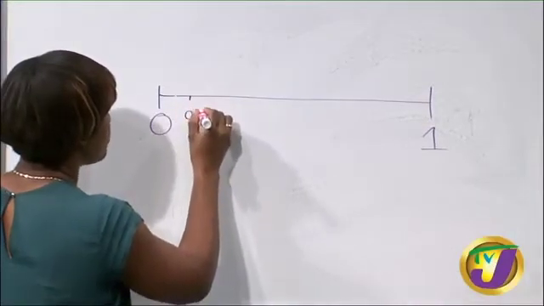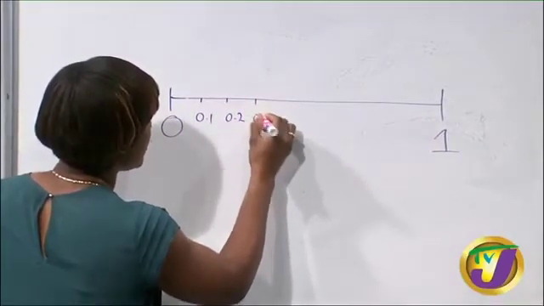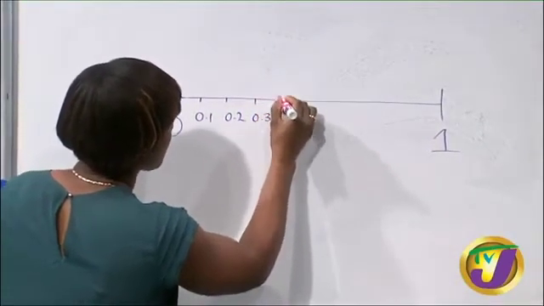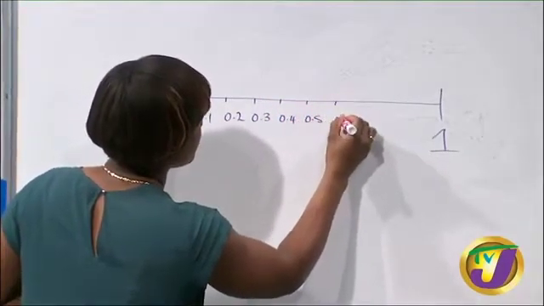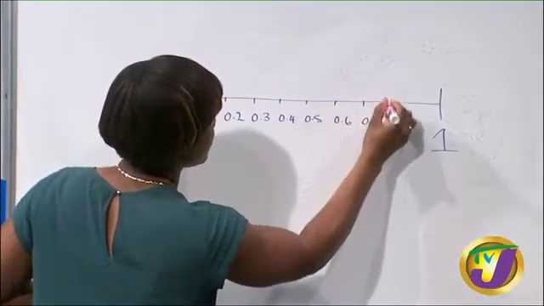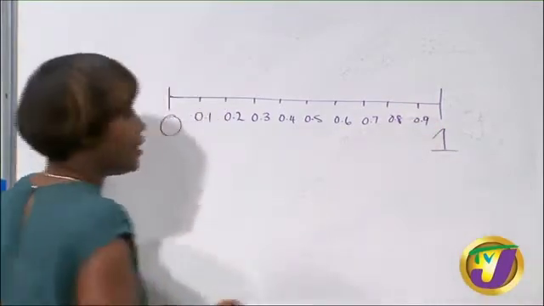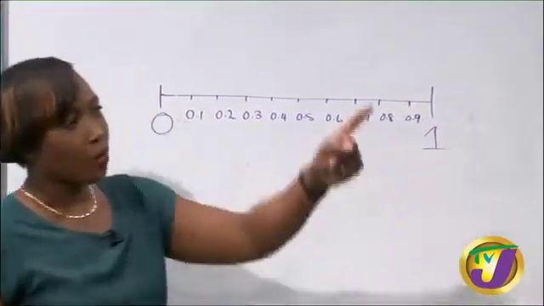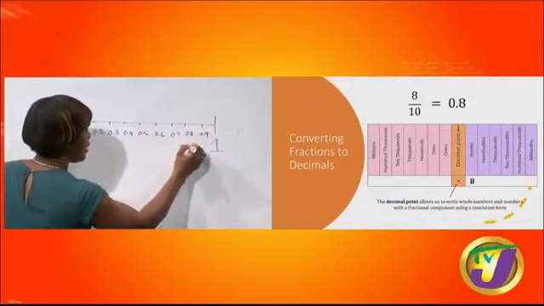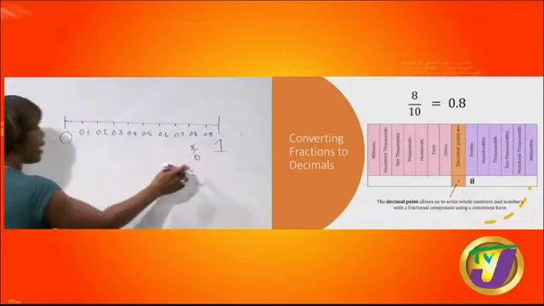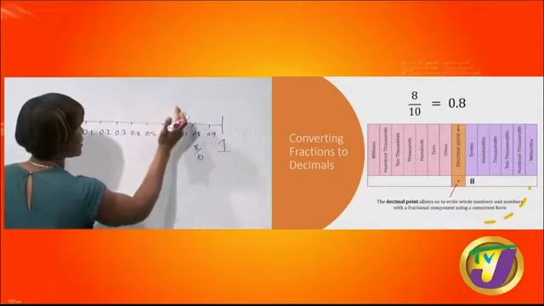So it's 0.1, 0.2, let's hope my parts are even enough, 0.3, 0.4, 0.5, 0.6, 0.7, 0.8, 0.9, and then 1. Where would 8/10 fall on my number line? It would be here. It is 8 parts out of my 10 parts.